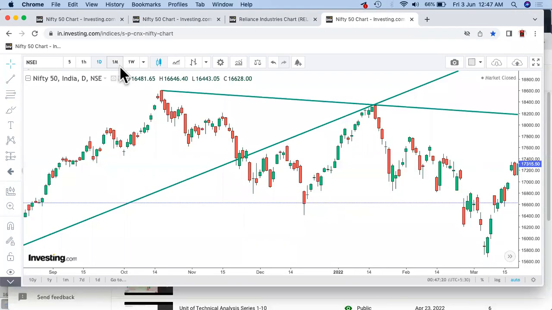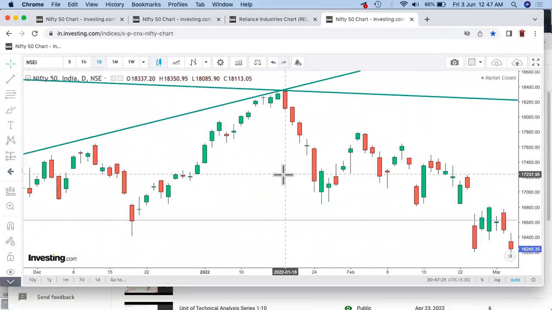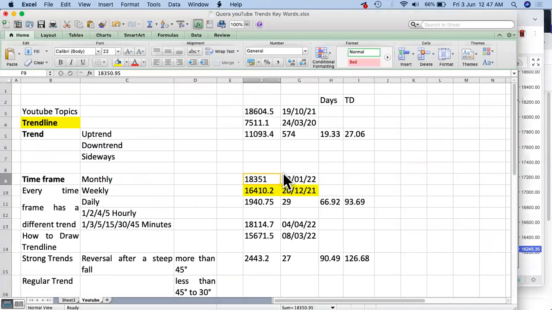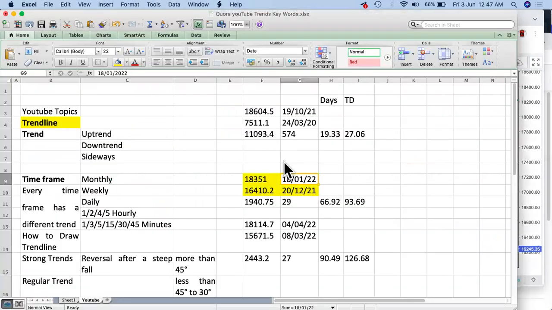And we go to the higher part. The higher part was this date. It was 18350.95, right? And the date is 18/1/22.